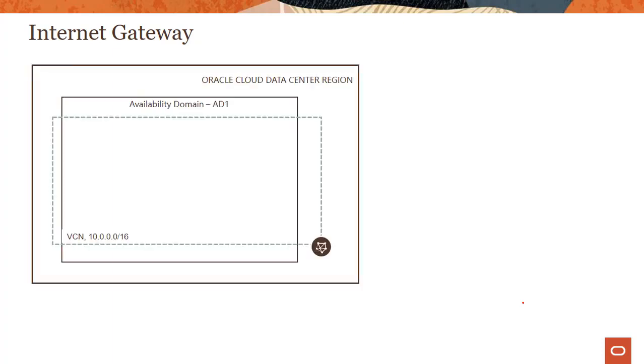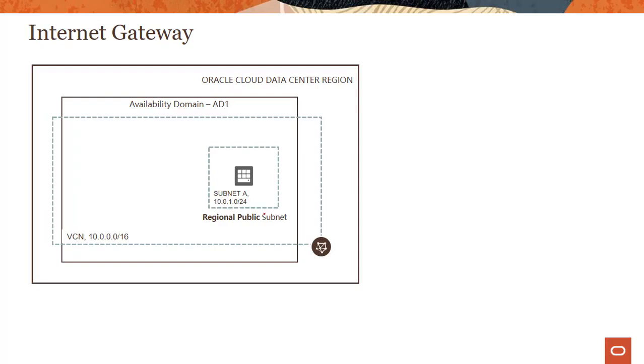So having looked at route tables briefly, let's talk about the different gateways which are supported in the OCI VCN service. The first gateway is called Internet Gateway, and as the name specifies, it's a gateway which takes traffic in and out from a public subnet.